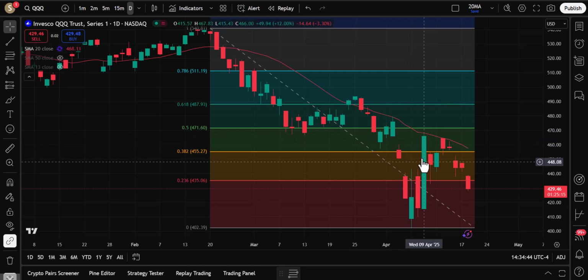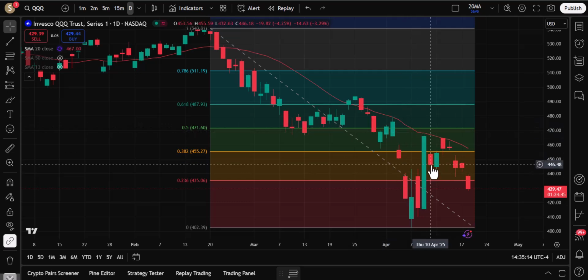And if you were trading particularly this day on the 9th, when we had a big move, it was positive tariff news, and you were looking for a level, a high for the day that we could move to, the 20 was a really good target, right? So you want to have the 20 on your chart.